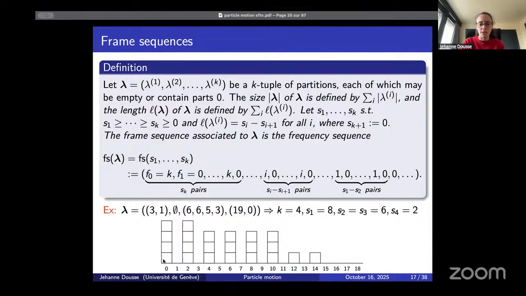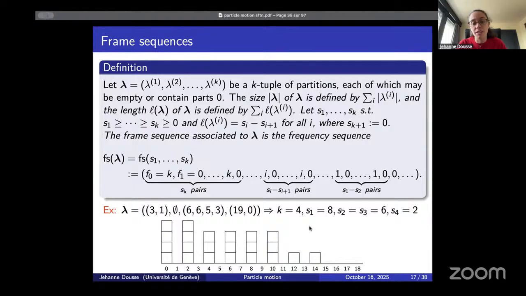So we put 4 boxes in column 0, 0 boxes in column 1, 4 boxes in column 2, 0 boxes in column 3. This is because we have first 2 pairs like that. Then we do 4 pairs 3 0 3 0 3 0, because we need S3 minus S4 pairs like that.